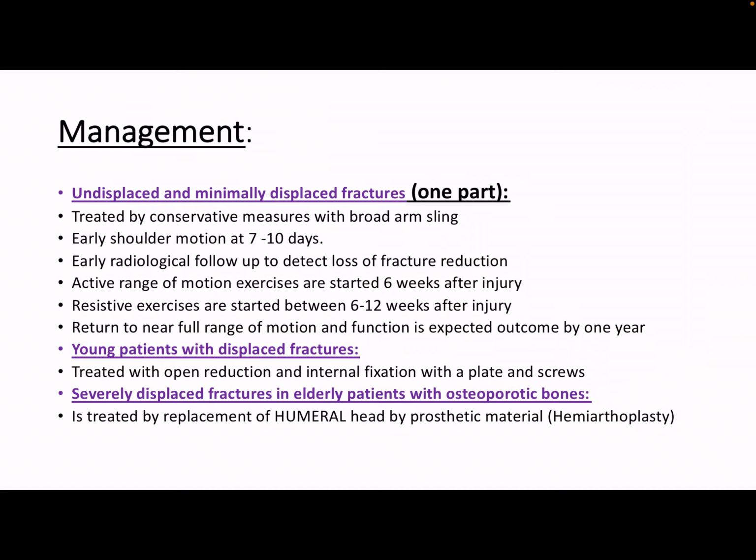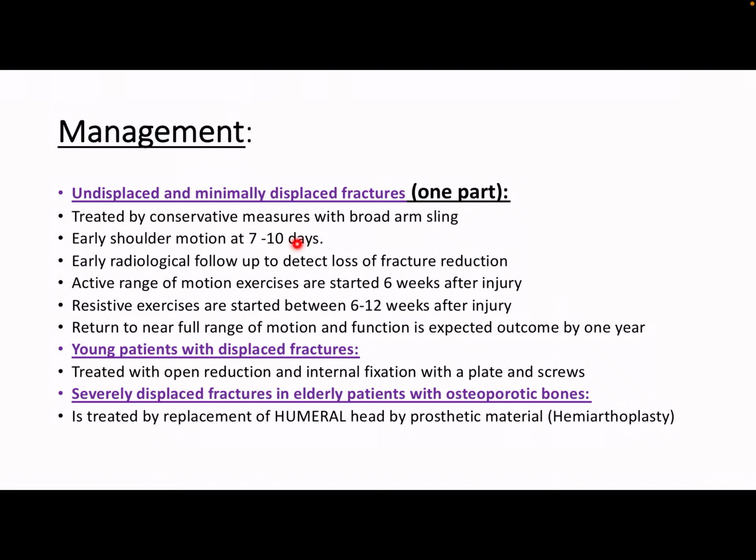Okay, so now how to manage this? As I have said, when there is going to be one part fracture, do remember that one part fracture is the minimal displacement.